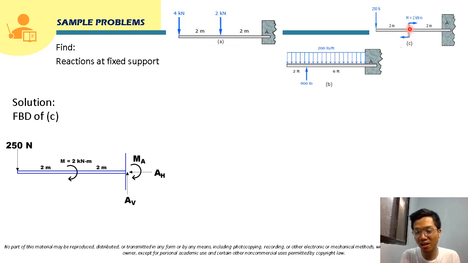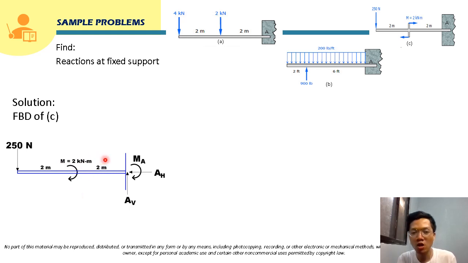These are parallel forces, and it's already given here that this is a moment or a couple, 2 kilonewton meter. So this is a couple. The rotation of this couple will be this way, so this is clockwise. So we can rewrite this applied couple here. So this is our applied couple, clockwise, and this is 2 kilonewton meter.